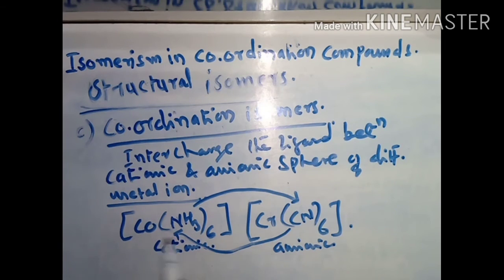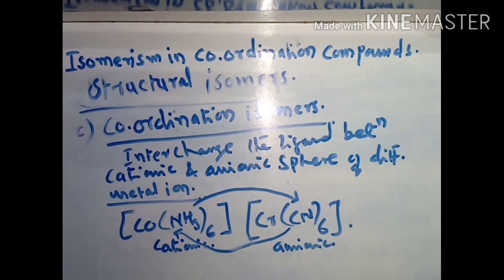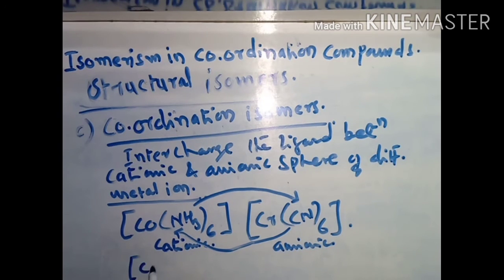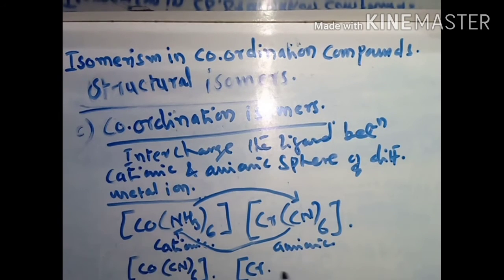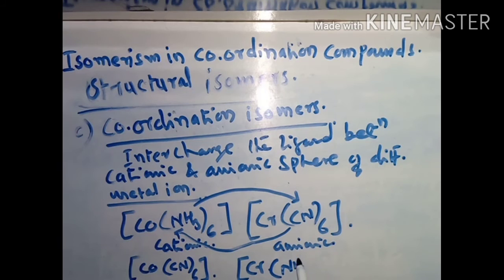So if they interchange their ligand, then what will be the formula? Now it will become [Co(CN)6]. Now this NH3 will be exchanged by cyanide, and chromium will take the amine, then it will become [Cr(NH3)6] like this.